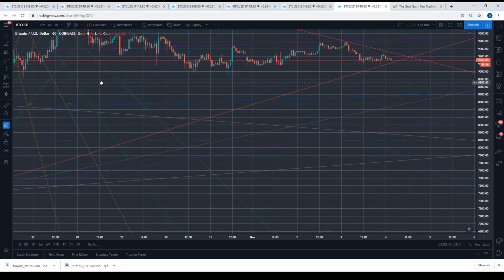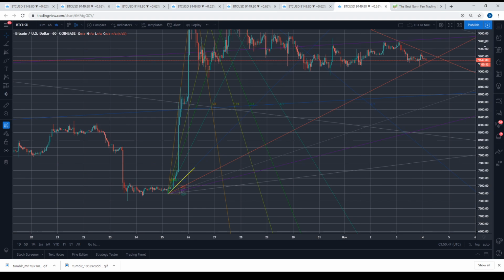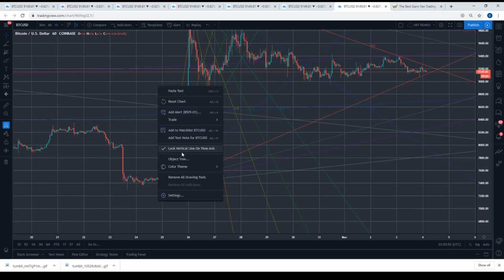Okay, and yeah, it's saying this is pretty much one more move down below. Okay, so yeah, this fan is more precise than the one I drew this morning. Why? Maybe because my lock vertical line is on. Okay, so there you go.